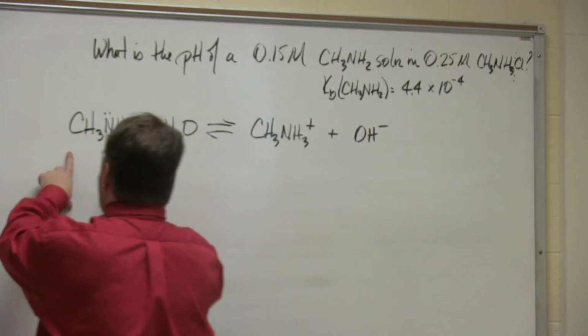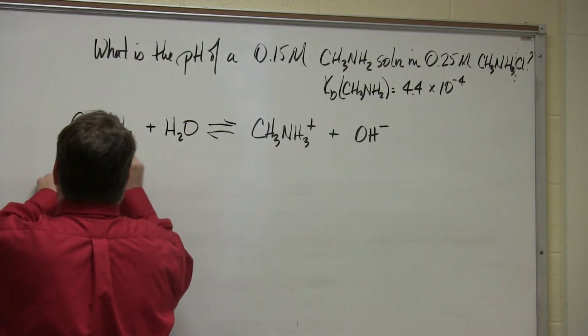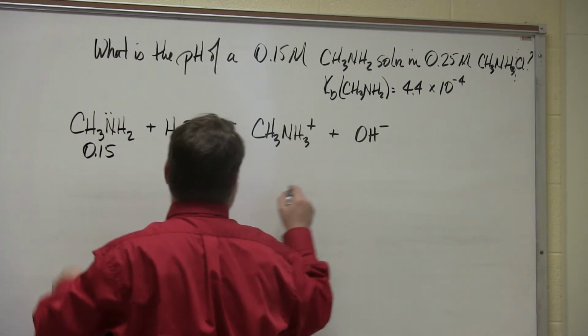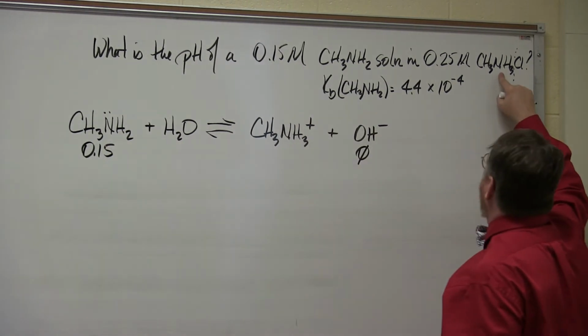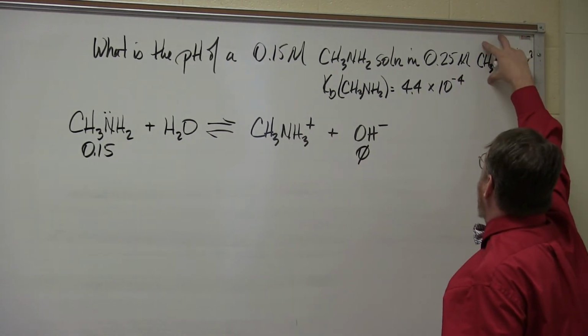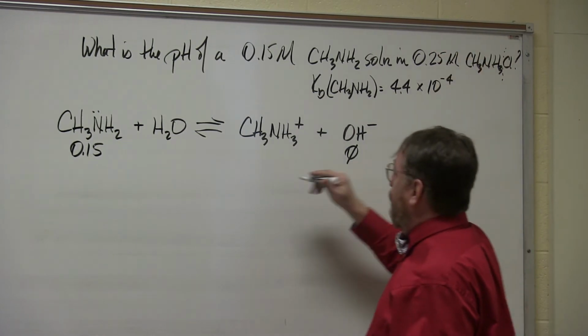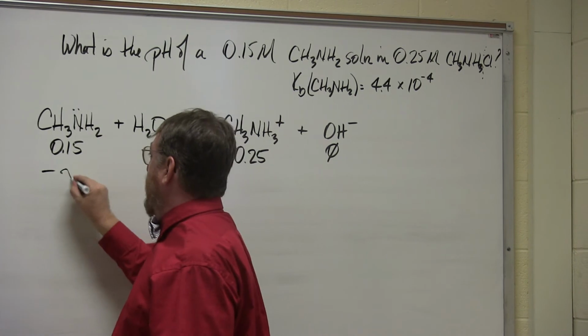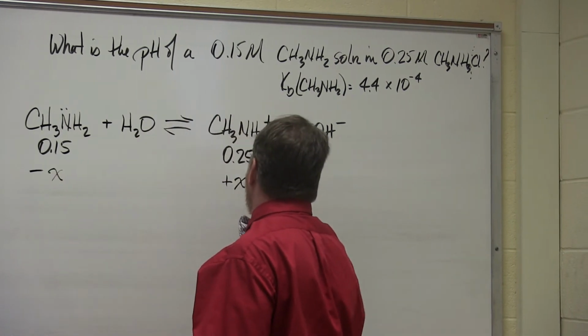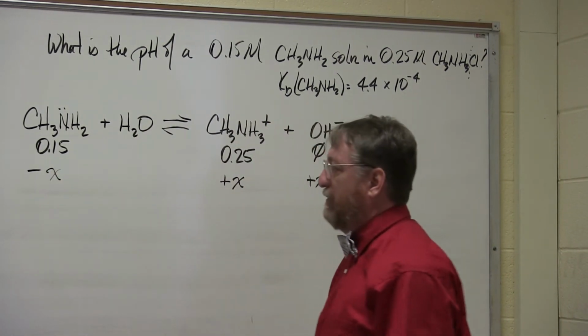Well, let's do our ICE expression. We have 0.15 of the methylamine, 0 hydroxide, but we do not have 0 methylammonium. We have 0.25. Since there's 1 methylammonium here, 0.25 will be our concentration. Then we're going to say minus X, plus X, plus X.